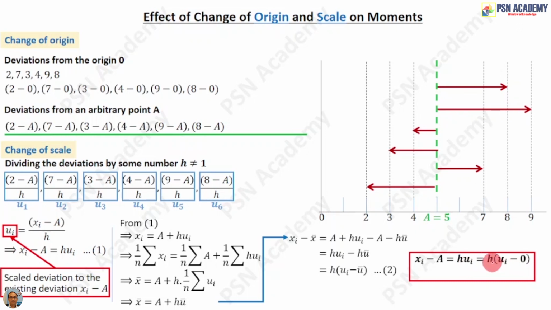So you can write ui minus 0. So xi has a deviation from arbitrary point a, which will give you h times ui with a deviation from 0. And the second one, if you have a deviation of xi from the mean, then you have h times (ui minus u bar). I hope it's clear to you how a change in the origin and scale affect moments.